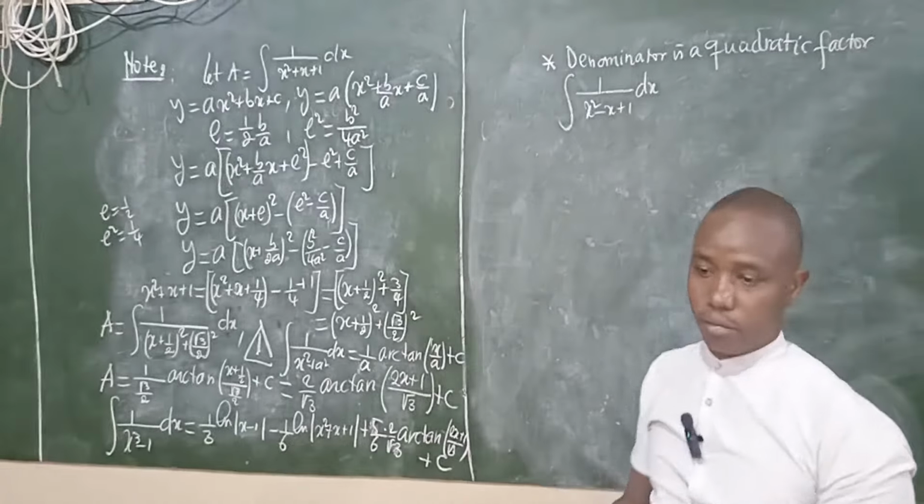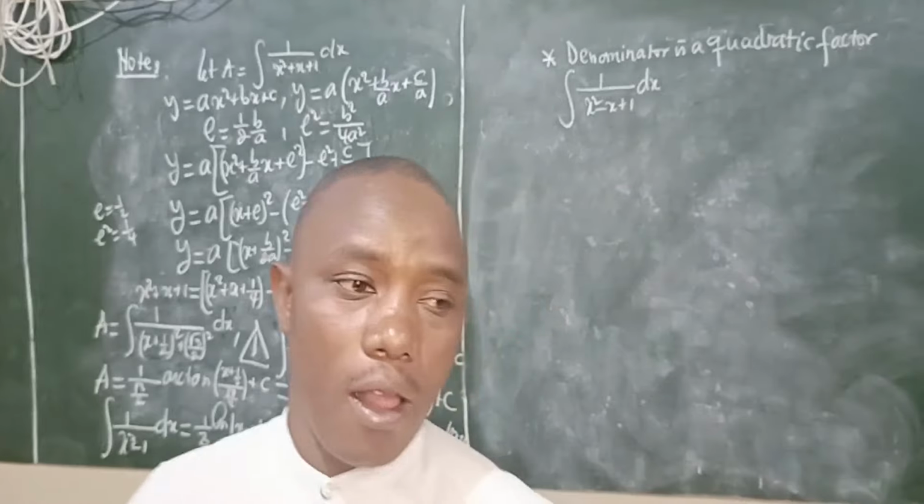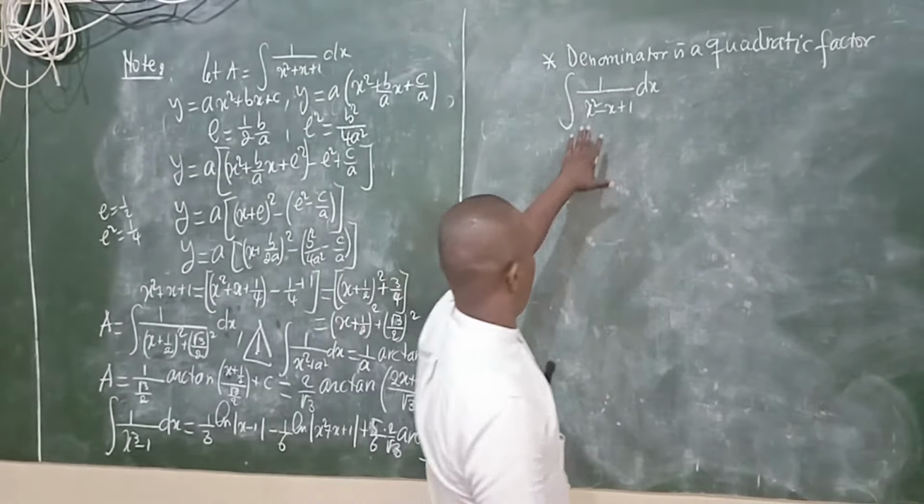If you see, this denominator cannot be factored, what we do is only to complete the squares. Completing the squares will make this question very easy. Okay. Let's complete the square of x squared minus x plus 1.